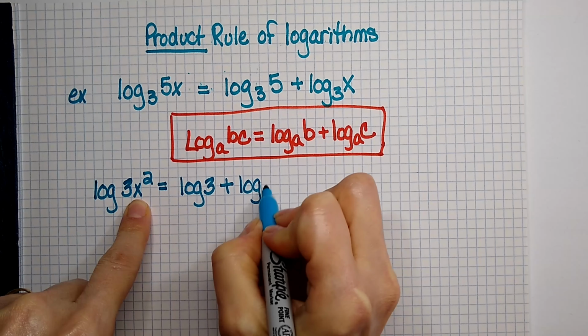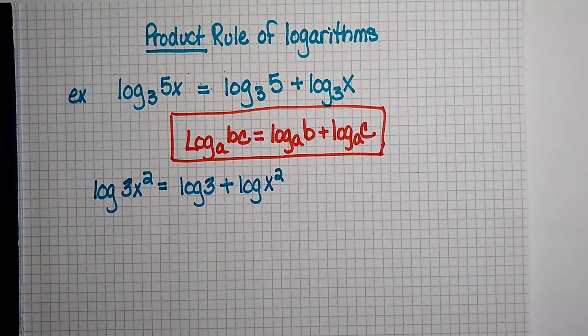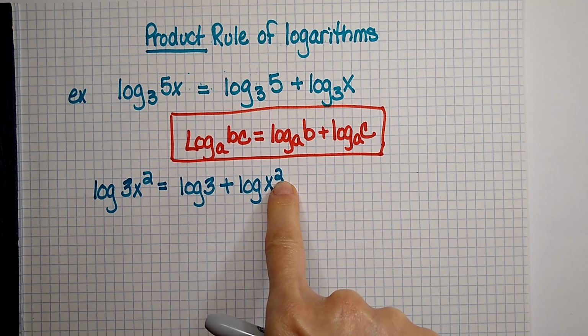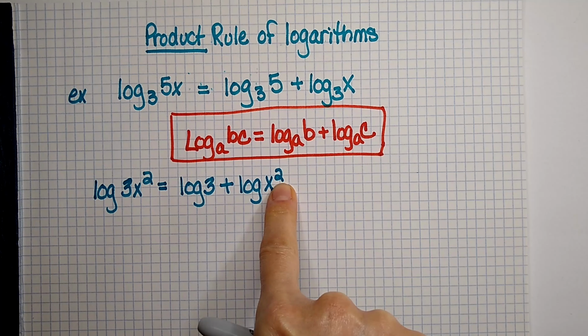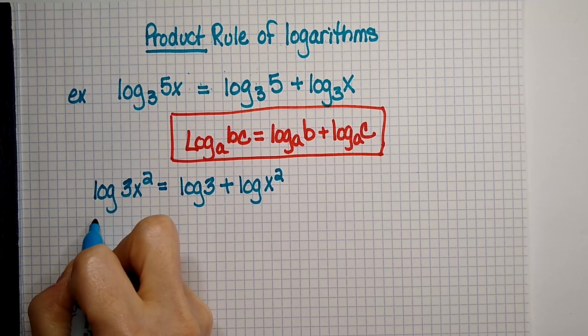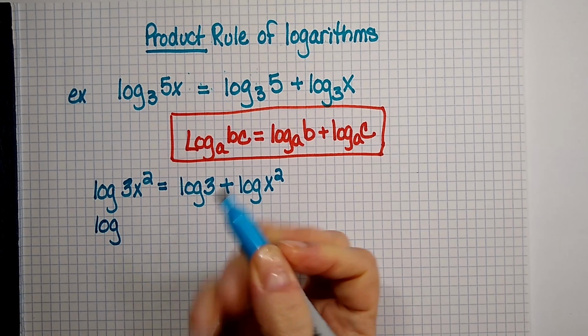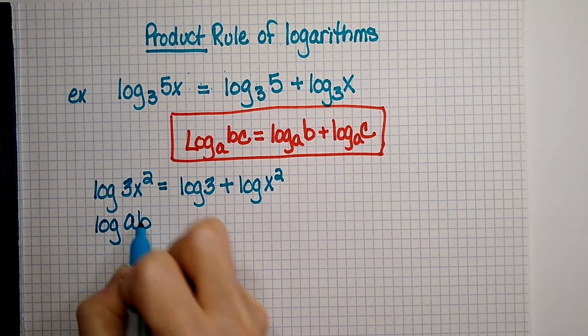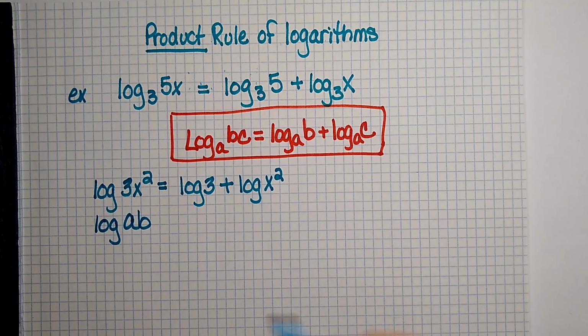Now, towards the end of the week, there is another rule that helps us deal with that power of 2. We're not going to deal with that right now, but that's coming. For right now, you can just keep it separated like this. Let's do another one. Log of ab, okay?